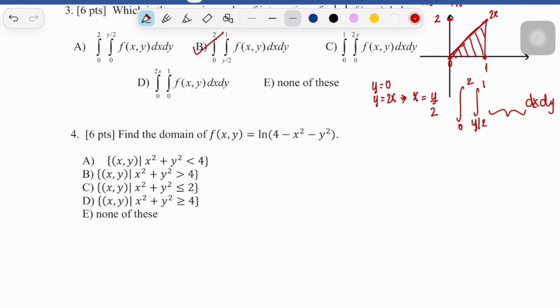Moving on. For our next problem, we have to find the domain. And to find the domain, you always have to think about the function that limits the domain of our function. In our case, that's going to be log. And we know that the log of a has got to be positive, because logs of negative numbers are not defined, right? So this right here always has to be greater than 0.